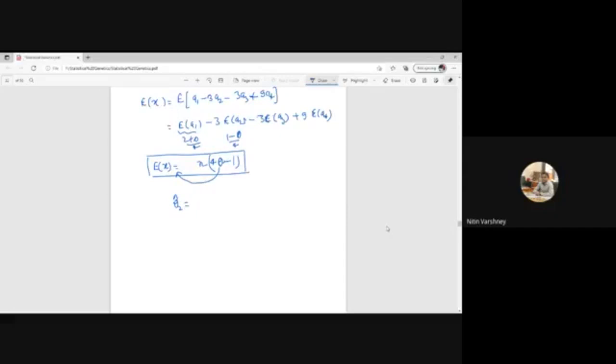Theta 2 will be a1 minus a2 minus a3 plus 5a4 divided by 2n. How does this come? Can anyone tell me how we will get this?